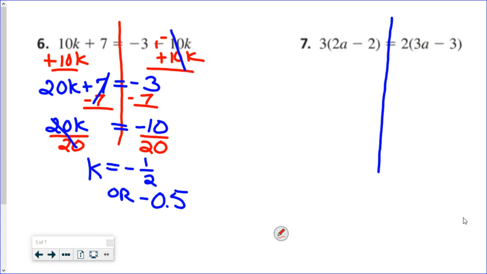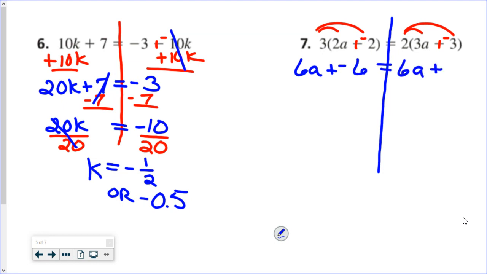Okay, here we go. Again, distribution lines and keep, change, change. Distribution lines and keep, change, change. Okay, 2 times 3 is 6A's and negative 6 there. That sounds like I should know something.